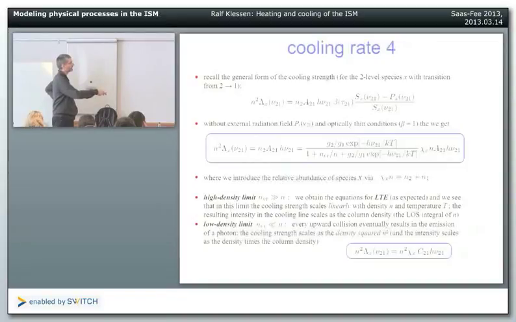In the low density limit, we expect that every upward collision results in the emission of a photon, and the cooling strength scales quadratically with the density. Here we have a linear scaling. So in this regime, we can simplify that to this expression, which is often used. Density squared, fractional abundance, the collision coefficient from the previous page, times the energy.